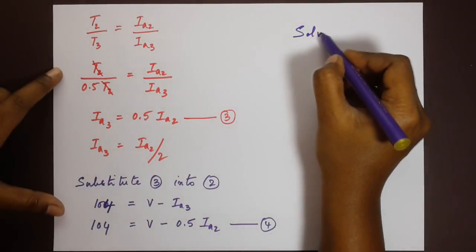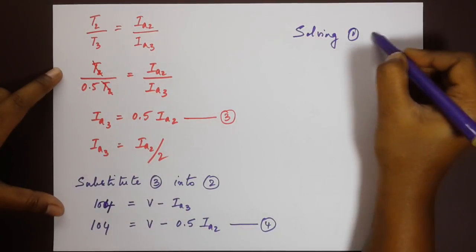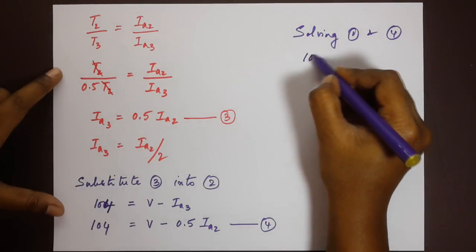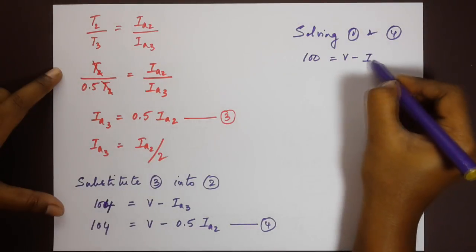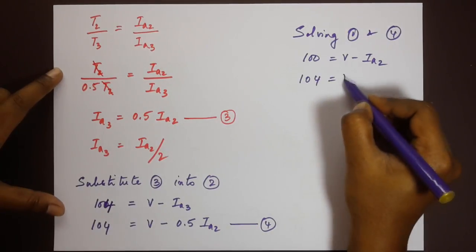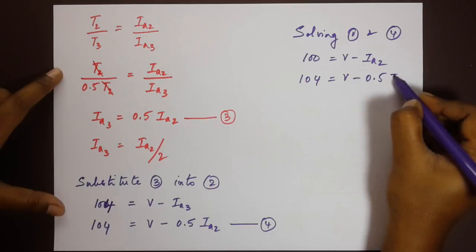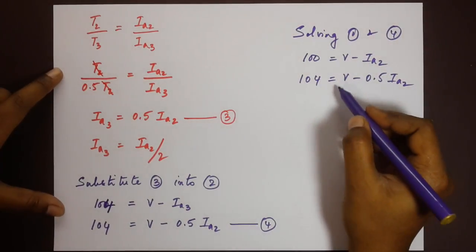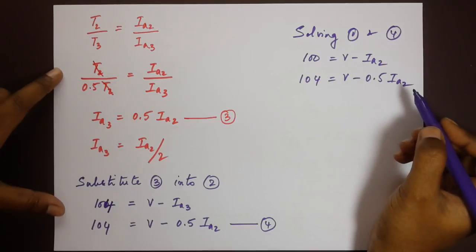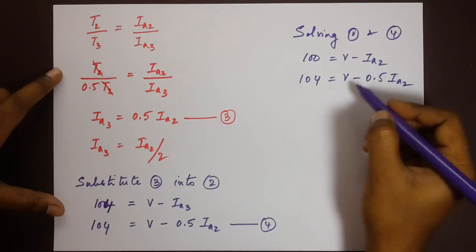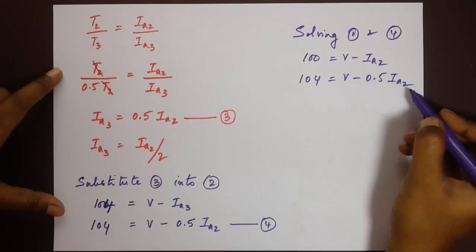So now solving 1 and 4, I'll leave the solving to you. 100 is equal to V minus IA2, that's equation 1. And then 104 is equal to V minus 0.5 IA2, that's equation 4. Now solving both of these, you obviously know how to do this on a calculator, and you will find the values of V and IA2.